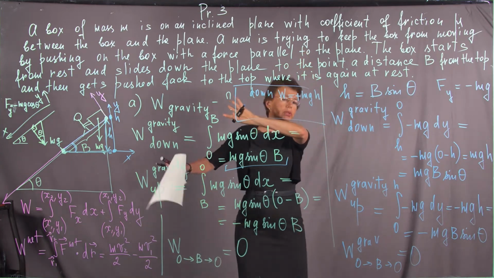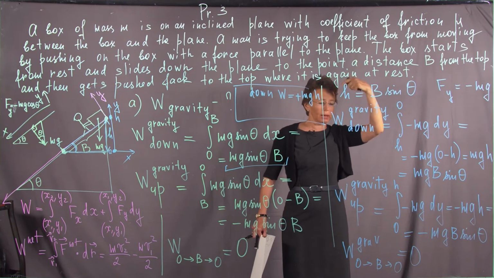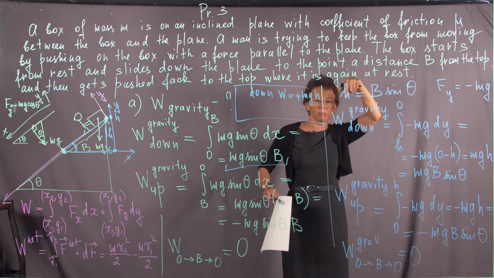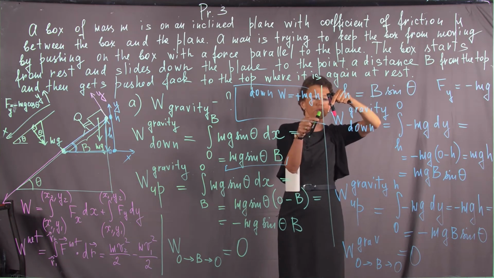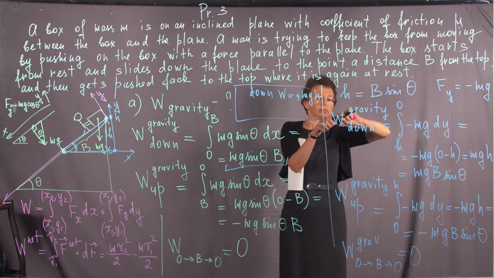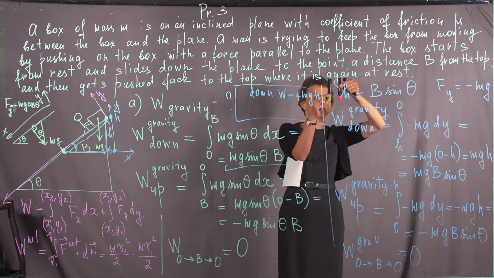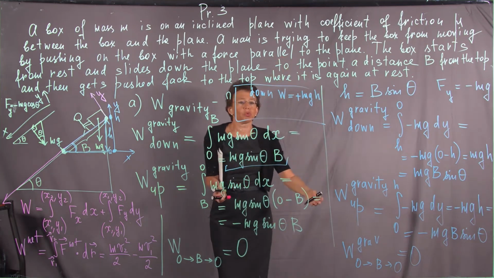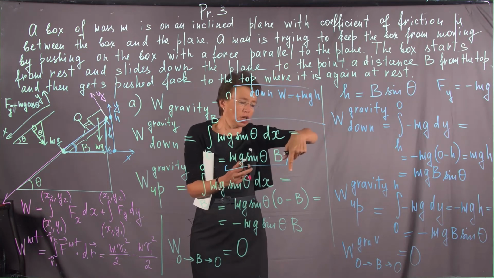If I don't even introduce a coordinate system, what I'm looking for is the component of the displacement that is parallel to the force of gravity. This is the force of gravity. This is the displacement. Great. mgh, done. And work is positive because force is in the same direction as displacement.